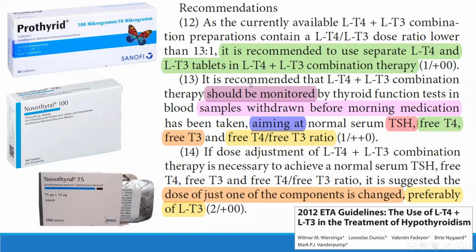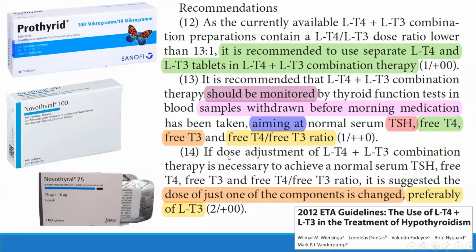It is recommended that LT4 and T3 combination therapy should be monitored by thyroid function tests in a blood sample withdrawn before the morning medication has been taken, aiming at normalization of the TSH, free T4, free T3, and the free T4 to T3 ratio.